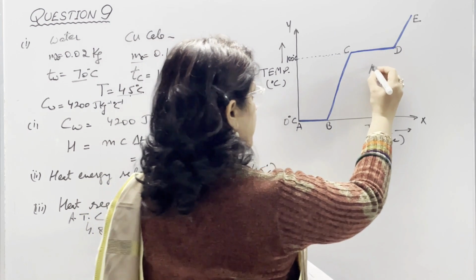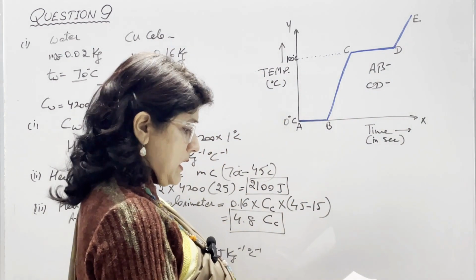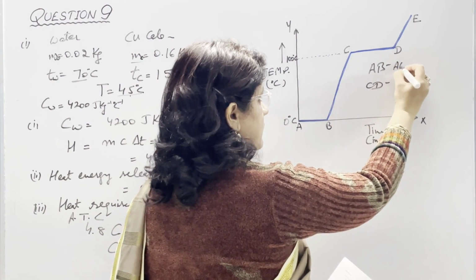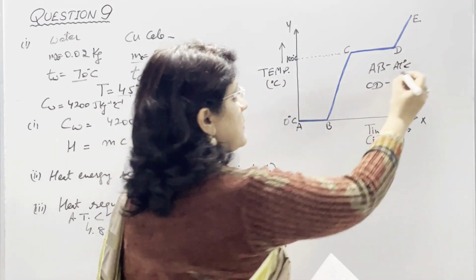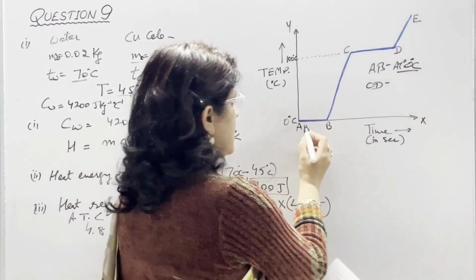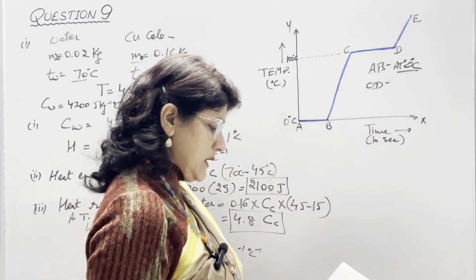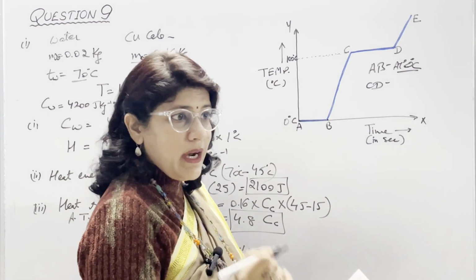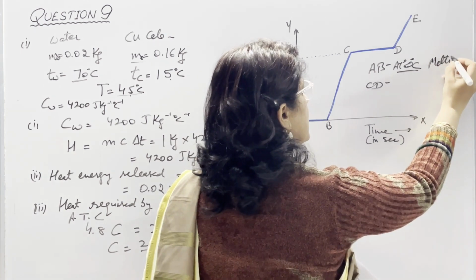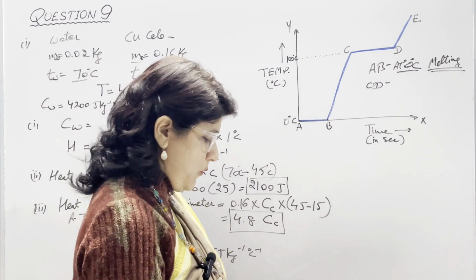AB is at 0 degrees Celsius, ice at 0 to water at 0 degrees Celsius. It means here solid is melting to form liquid. So this is representing our melting phase.